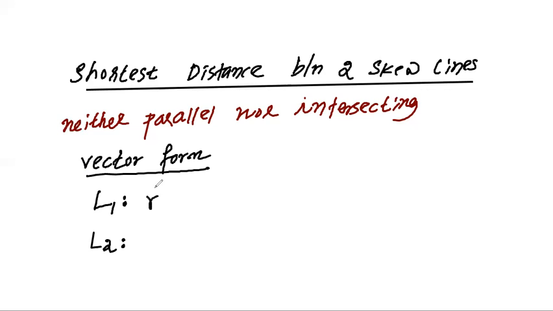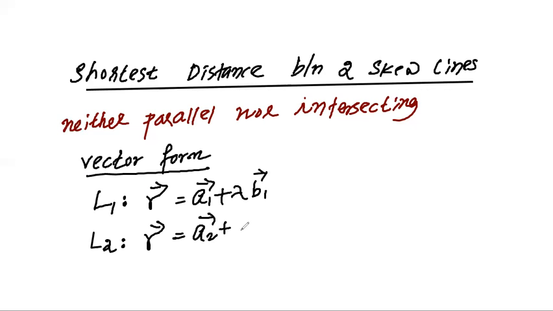In vector form, assume that equation of the first line is given by r is equal to a1 plus lambda b1. This equation will be given for you in the question. And equation of r for the second line, let it be vector a2 plus mu b2. So listen, a1 plus lambda b1 is the equation of the first line L1.